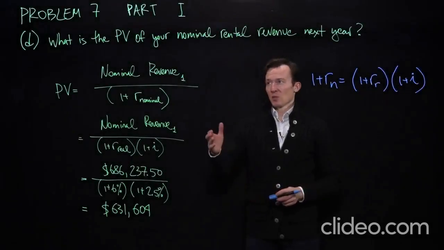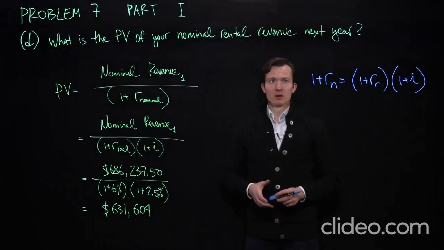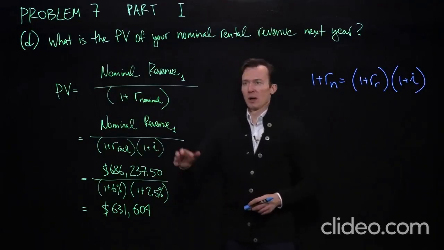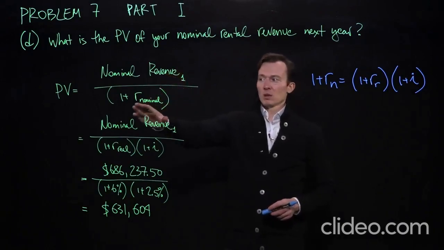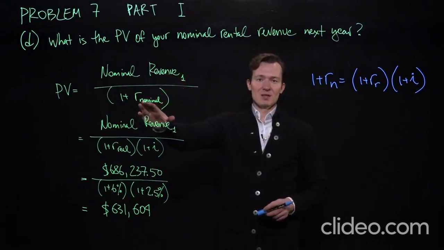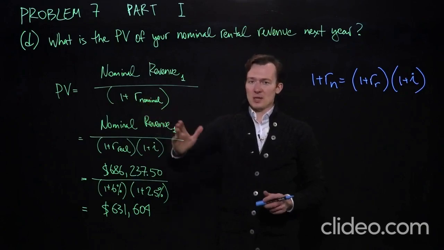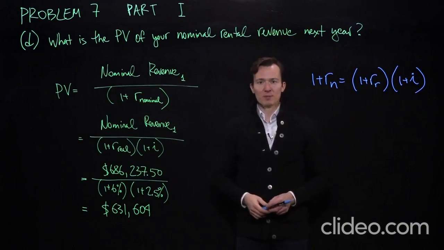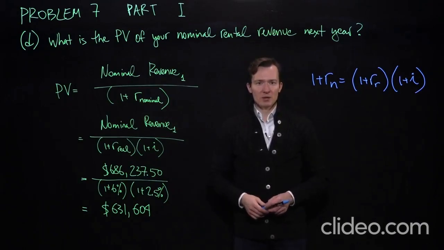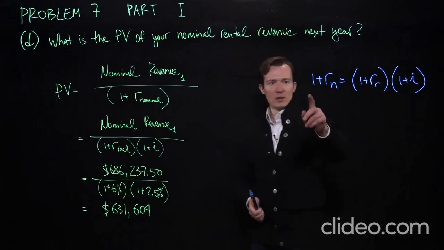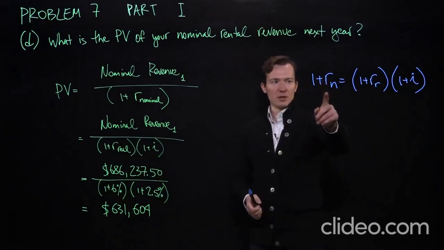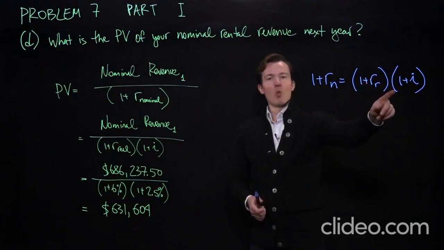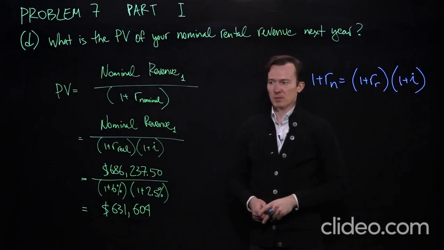Question D. What is the present value of nominal rental revenue next year? The present value would equal the nominal revenue that you receive in year 1, discounted to present at the nominal discount rate. Now, the question does not give us the nominal discount rate directly, so we have to find it. To find the nominal discount rate, we use the following equation. 1 plus the nominal discount rate equals 1 plus real discount rate multiplied by 1 plus the rate of inflation.